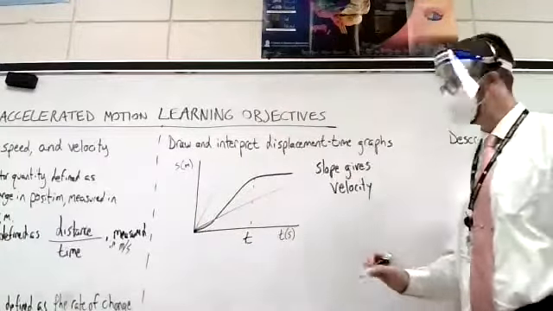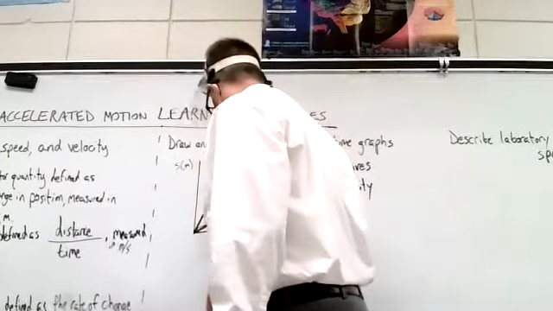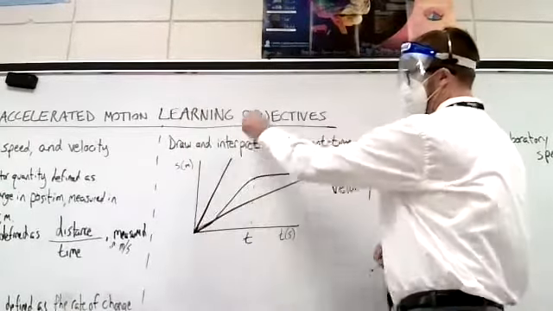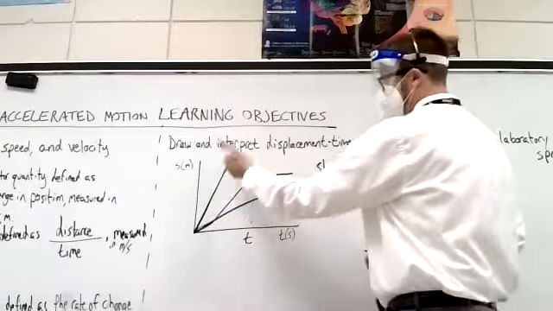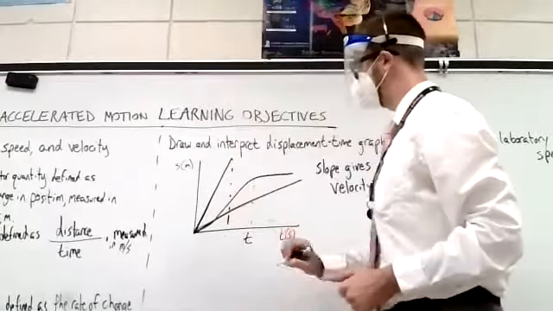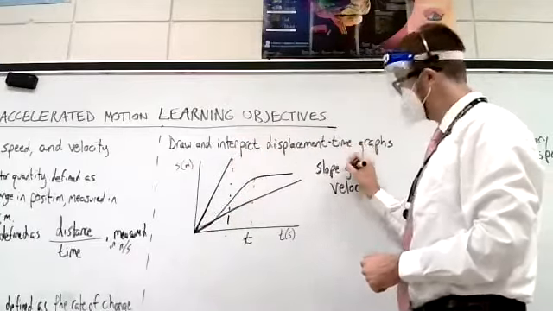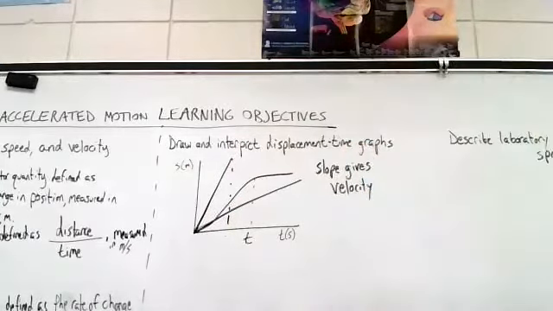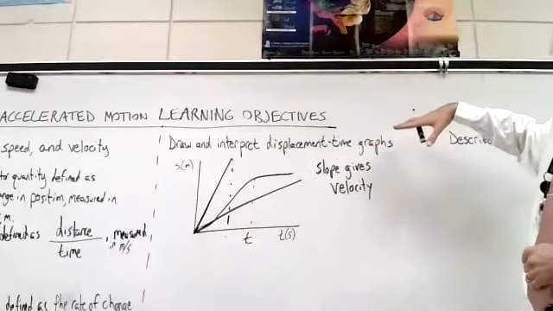Again, it would emphasize the idea that the gradient is the velocity for a displacement time graph, and a steeper slope is faster. So this person went 40 yards in 5.2 seconds. This person went the same 40 yards, but it took them like 24 seconds. So it's visualizing that this one took a lot longer to cover the same distance.